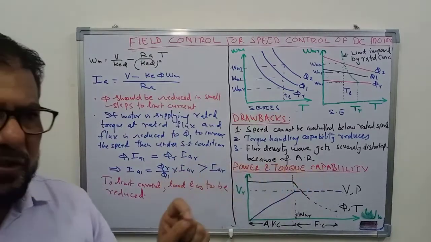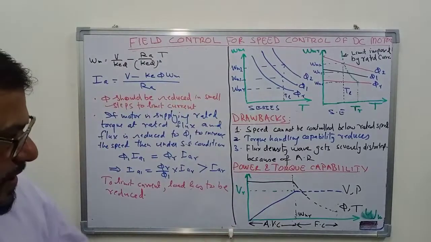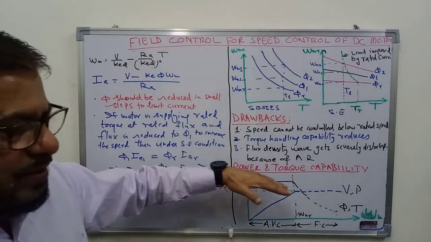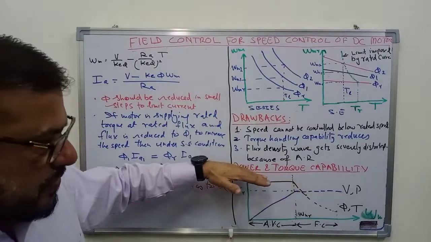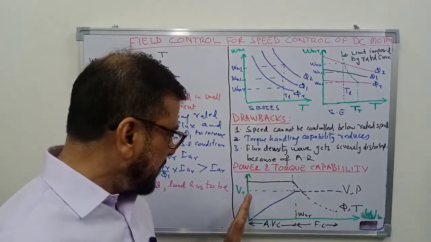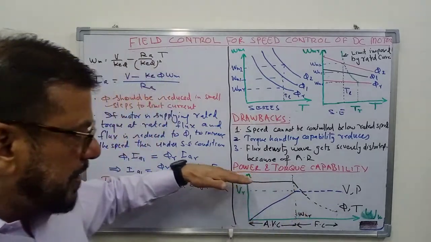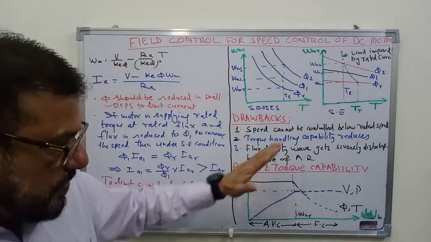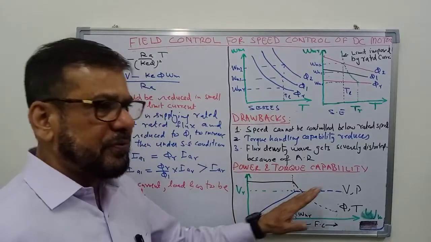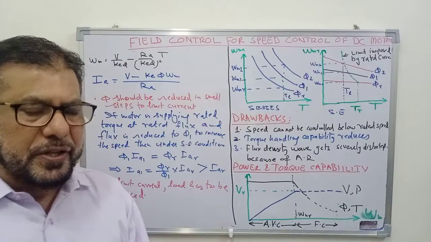Torque is equal to phi into Ia. If you are having a constant torque load connected there, then the torque is equal to phi into Ia, that remains constant. Motor supplies the same torque starting from near 0 speed to the rated speed. So torque capability of the motor remains constant, while the power produced by the motor will increase. Power is equal to V into Ia.